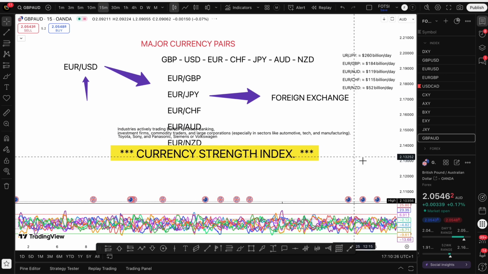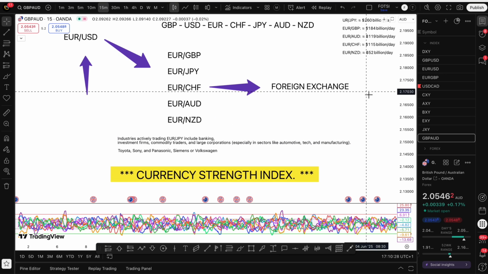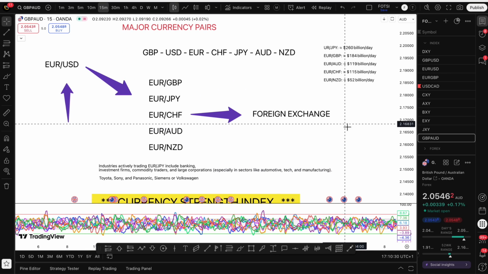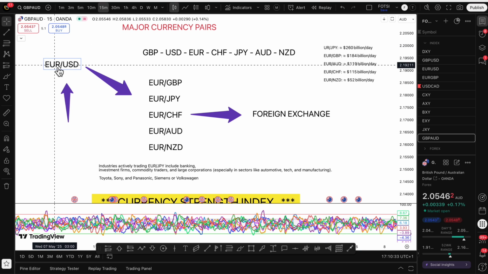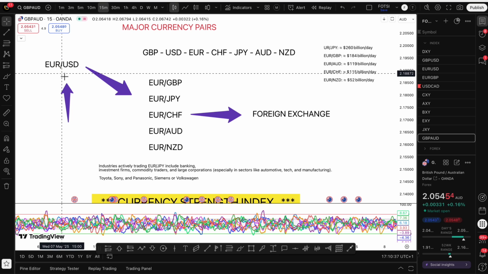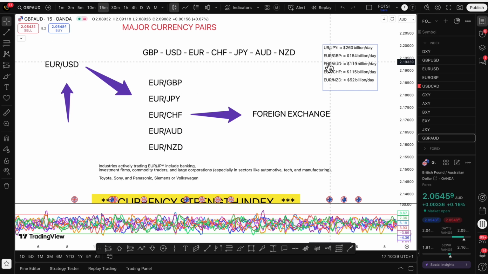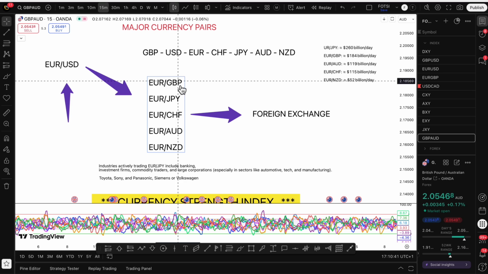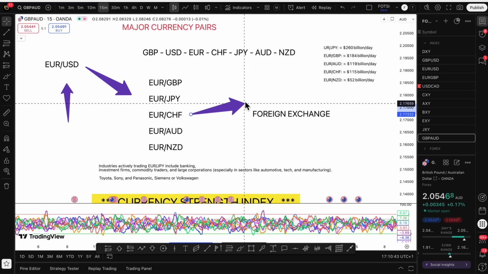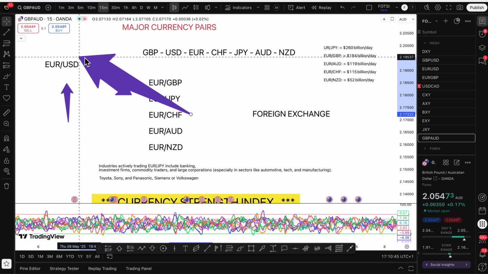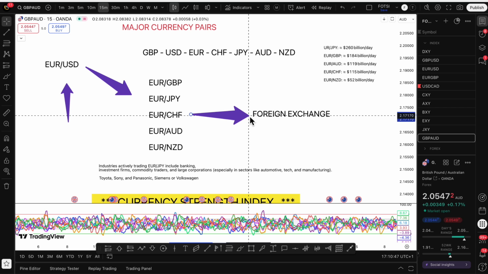So let's say you've done your technical analysis and you're going to go short on euro USD. Something massive can be happening in the background with one of these economies which makes the euro go up. That's the only thing that moves the market.